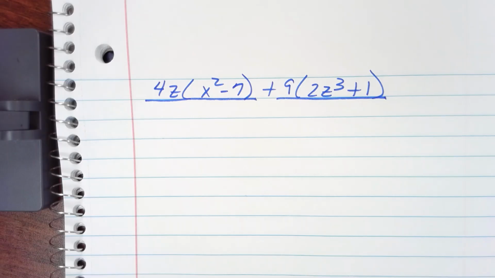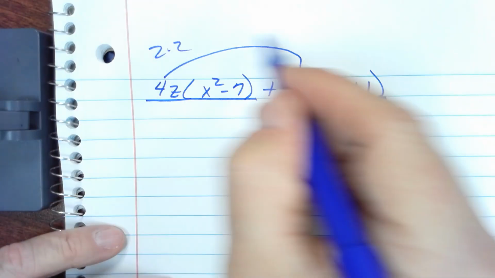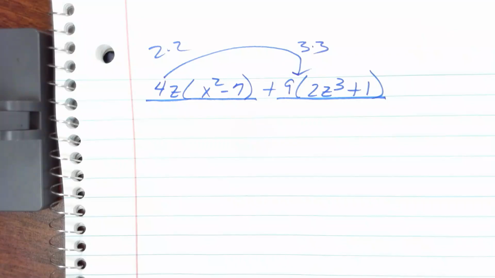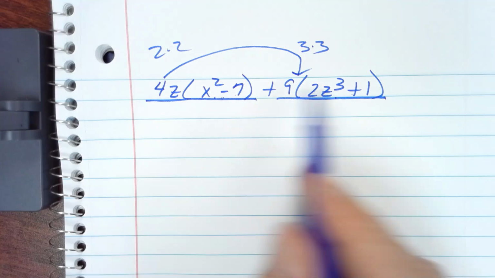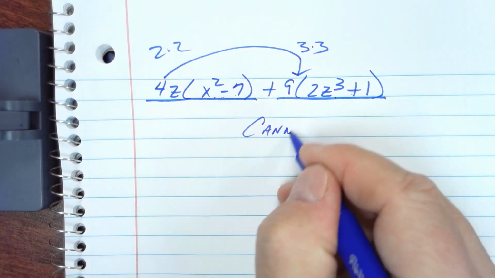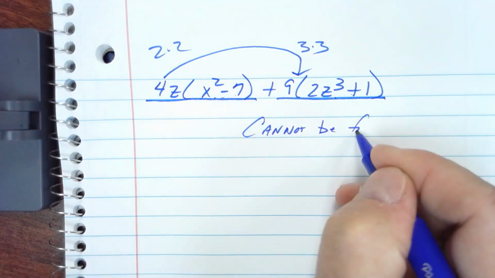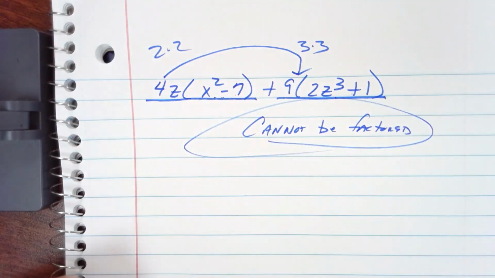And so as to not confuse you, 4 and 9, this is 2 times 2 and that's 3 times 3. They've got nothing in common. Do these match? No. So this cannot be factored. Okay, it cannot be factored.